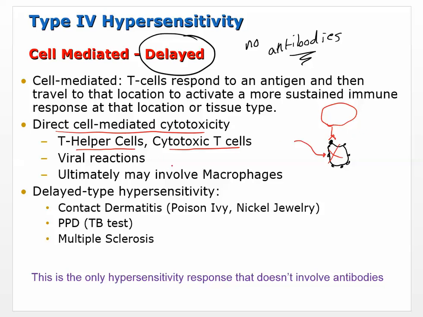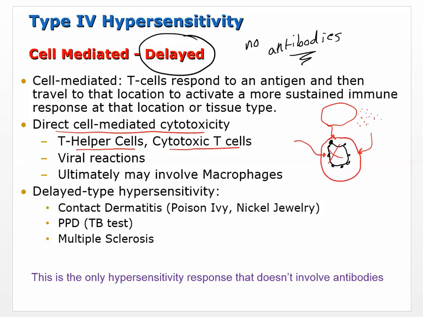We'll talk about some of how the immune system gets confused. And ultimately it may involve macrophages. So as these are signaling responses, macrophages may also come in later, but the macrophages may also initially engulf it.